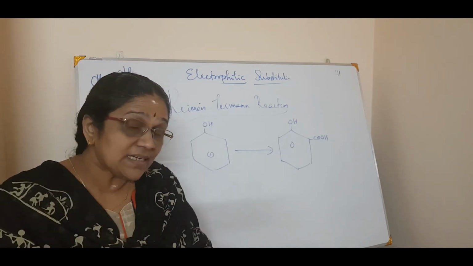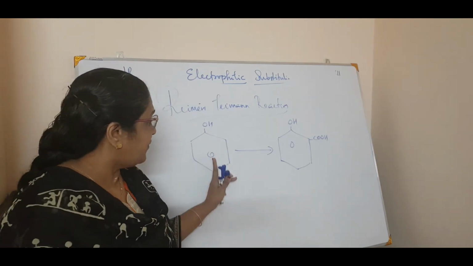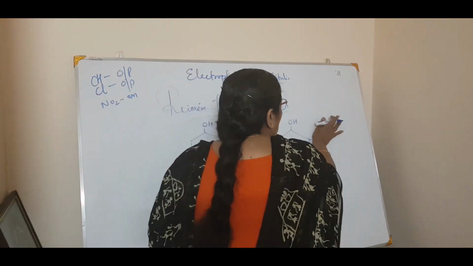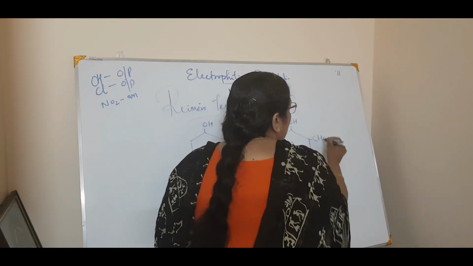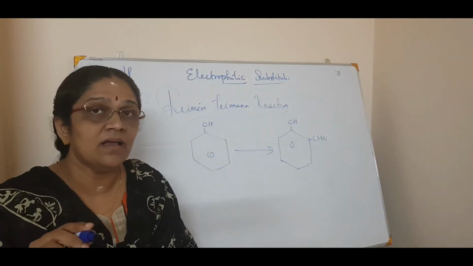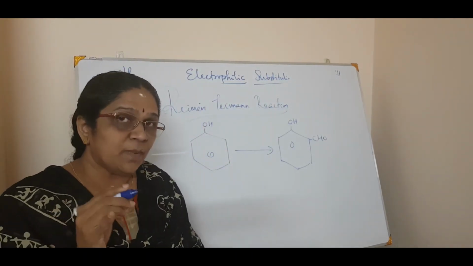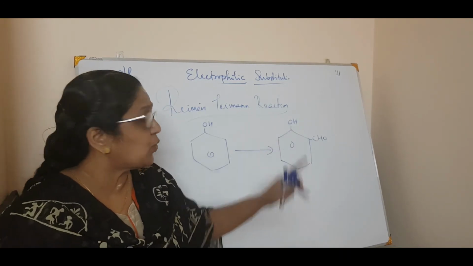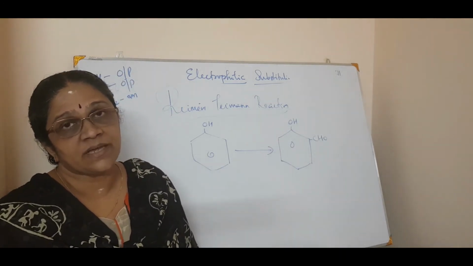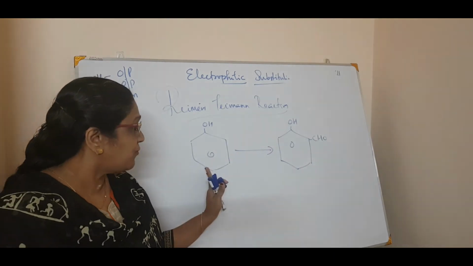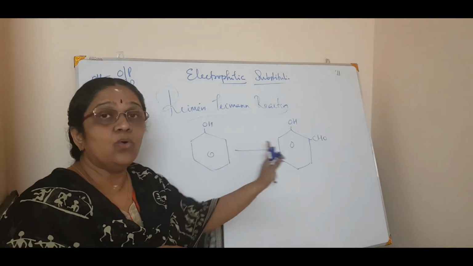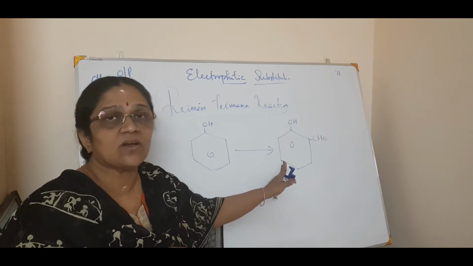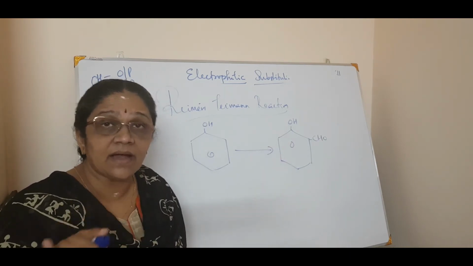Now, this Reimer-Teyman reaction means the phenol getting converted to salicylaldehyde. That means not COOH, here COOH changes and the aldehyde group comes. That is CHO group. Correct. So the conversion of phenol to orthohydroxybenzaldehyde, which is called as salicylaldehyde.